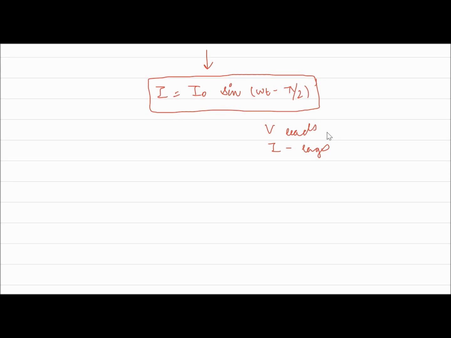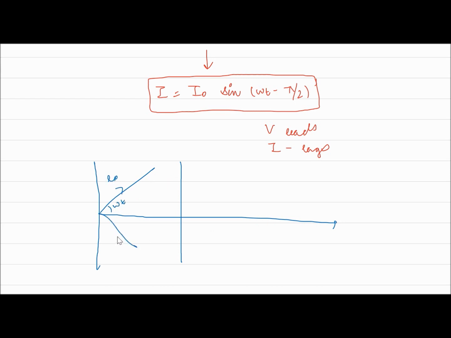In the case of the inductor, we'll also draw a graph for that. First, we'll draw the graph for this. So it looks somewhat like this. We have omega t here, E naught, I naught.